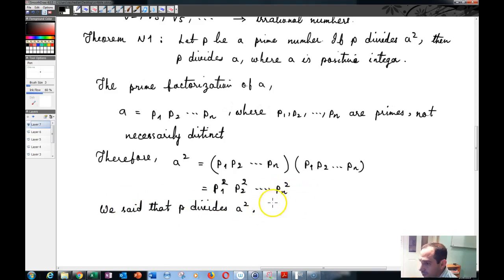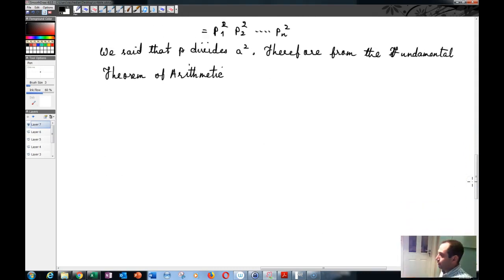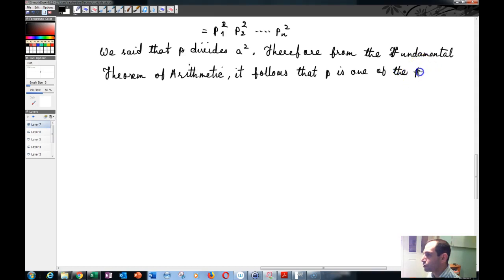Therefore, from the fundamental theorem of arithmetic, it follows that p is one of the prime factors of a squared.